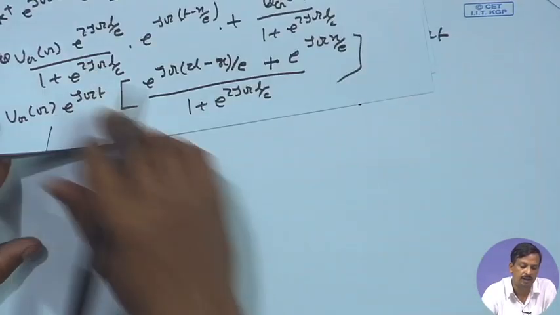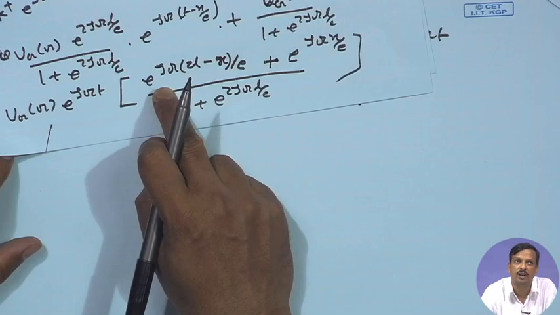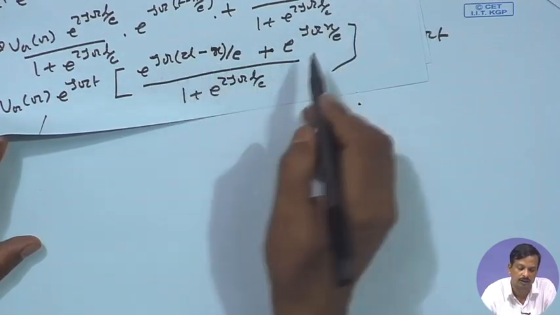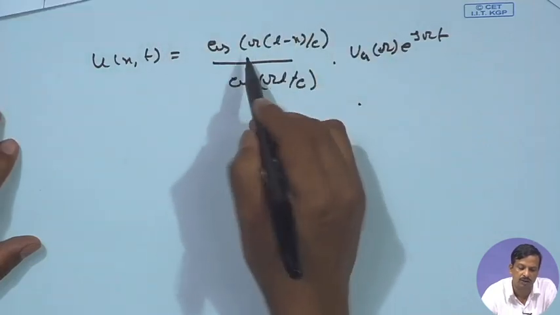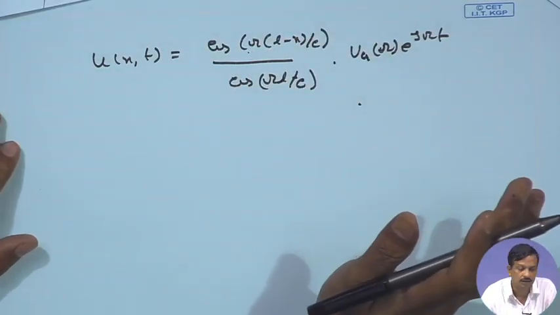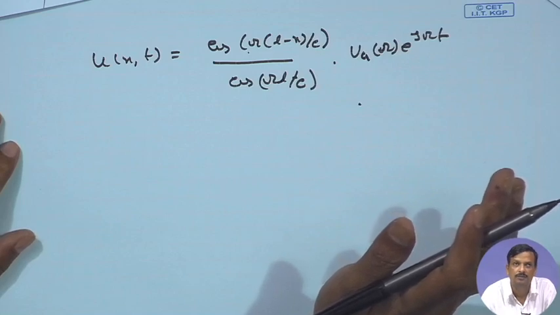Here, if I write e to the power j theta with L minus x, then it will come as cos omega (L minus x)/c into cos omega L/c, if I simplify it.